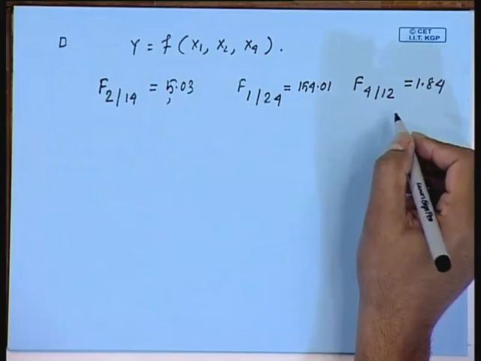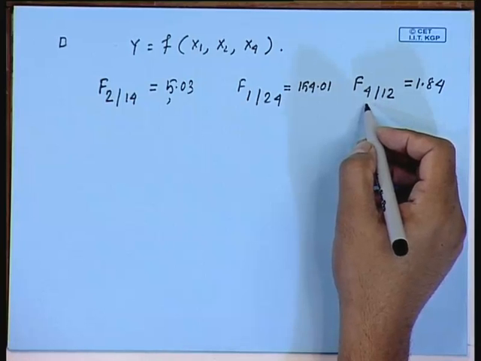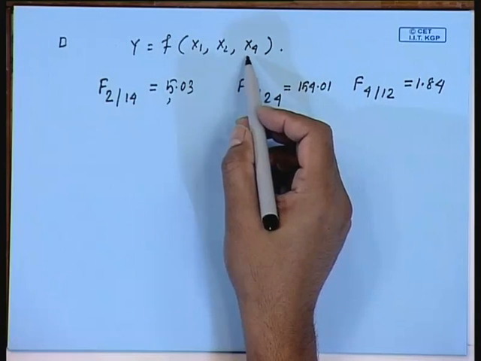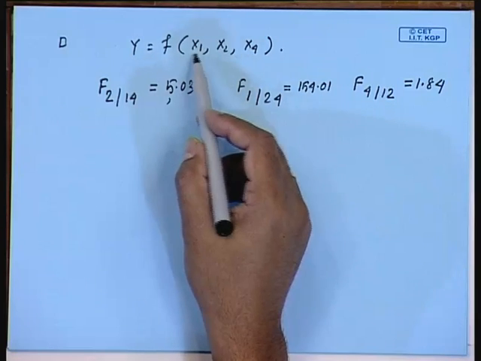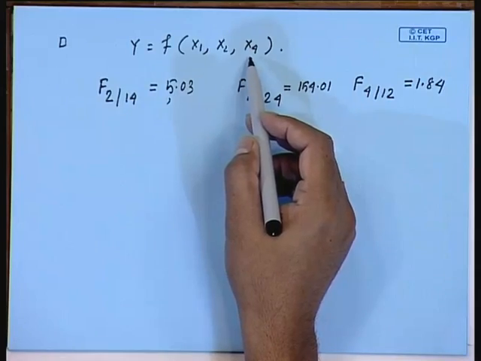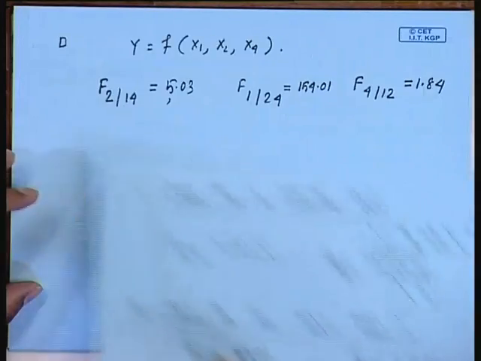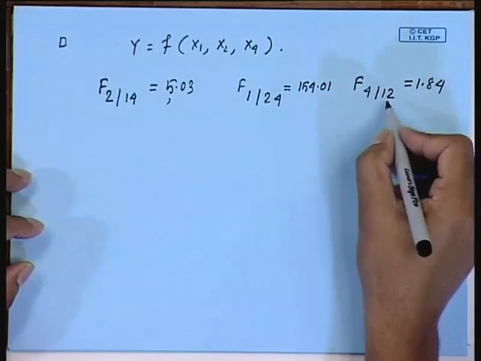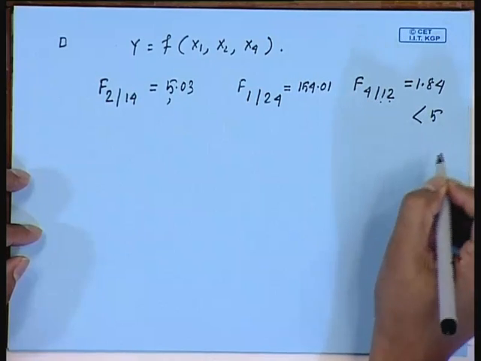And now, see, before, even in the presence of x1, x4 was significant. That is what we proved in the last slide. See, in the presence of x1, x4 was significant. Now, in the presence of x1 and x2, x4 is not significant, this is less than 5.